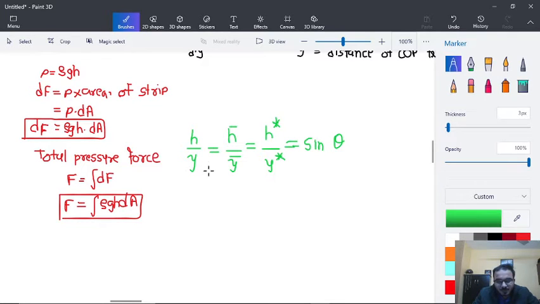So what we can do based on this, we can say H is equal to Y sin theta.